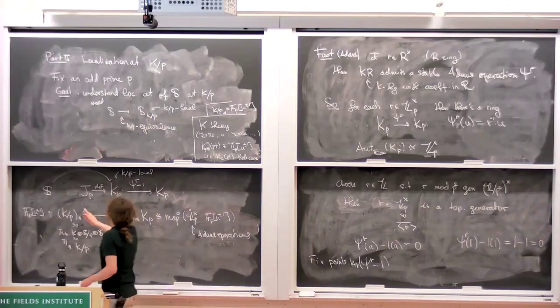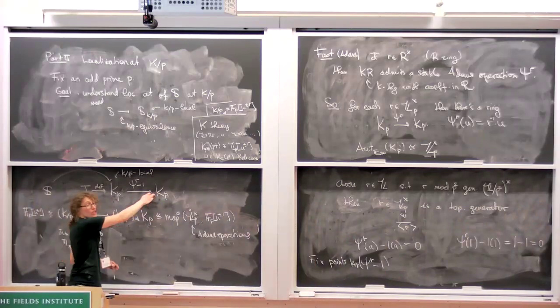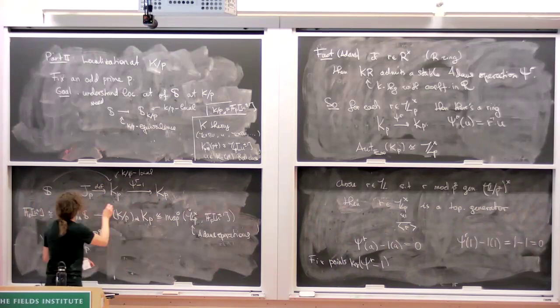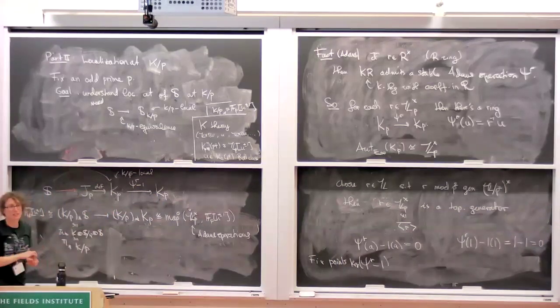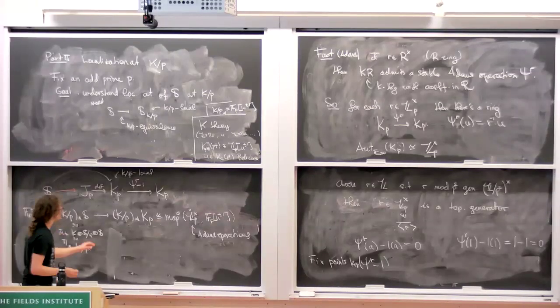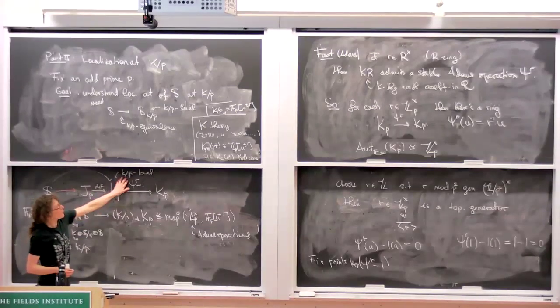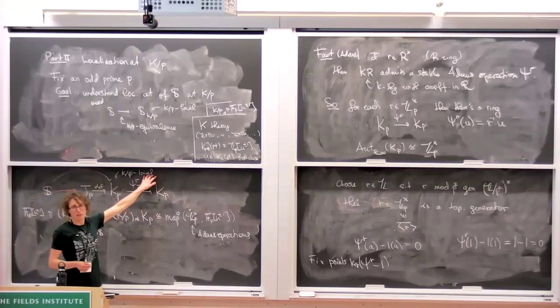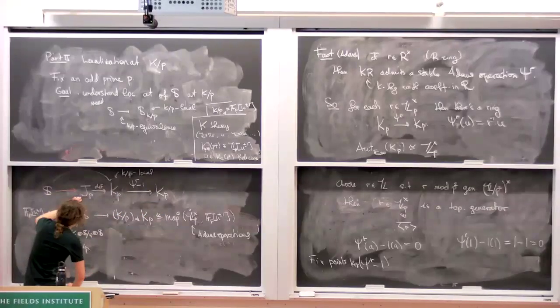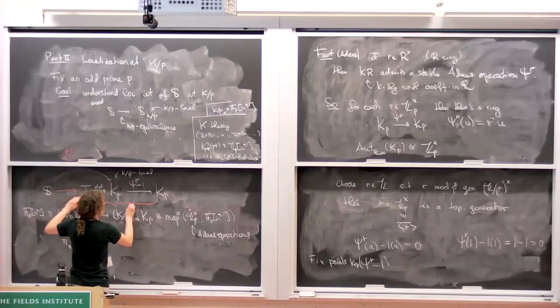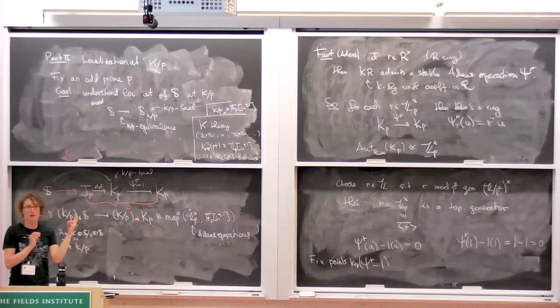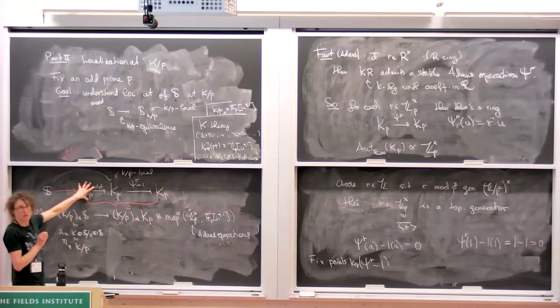So that means that if I do this, this is null. Okay, so therefore I get a factorization here. Now let's see. This is K mod P local. This is K mod P local. This is a triangle where 2 out of 3 things are K mod P local. So therefore, this guy is local, okay?